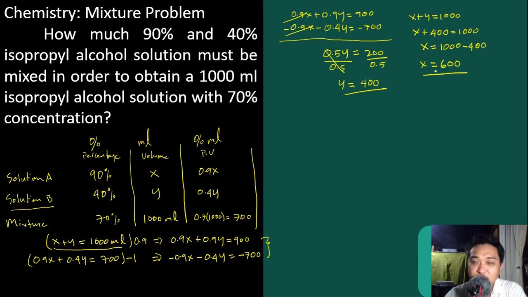So there you go. So what does it mean? Solution A should be 600 ml and solution B should be 400 ml. So, ibig sabihin, kailangan meron kang 600 ml na 90% alcohol solution at saka meron kang 400 ml na 40% solution.